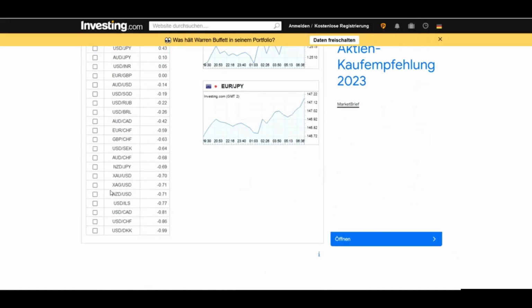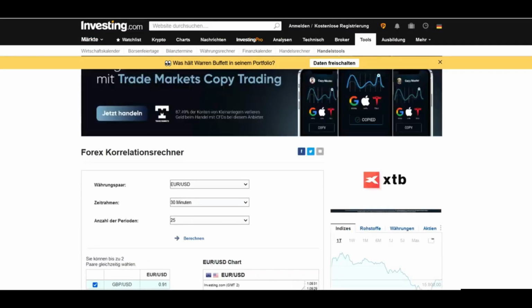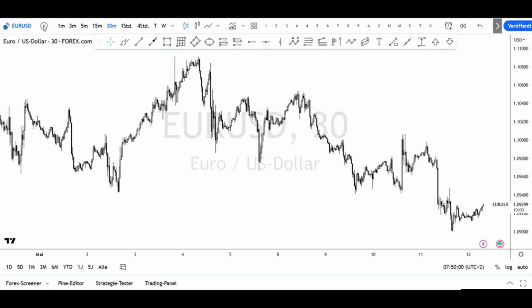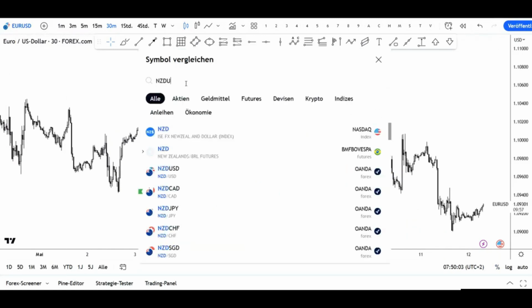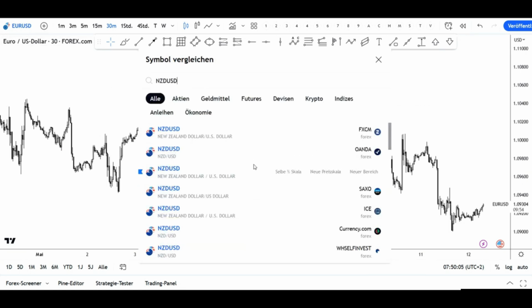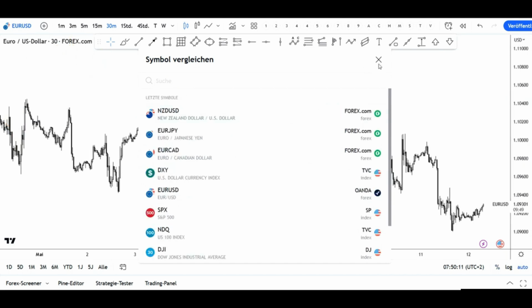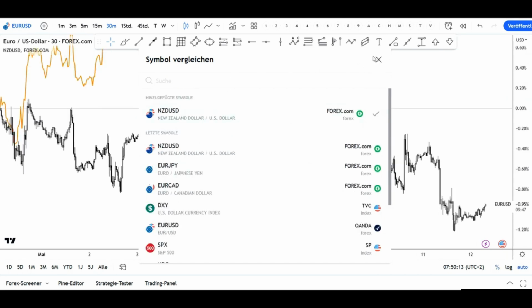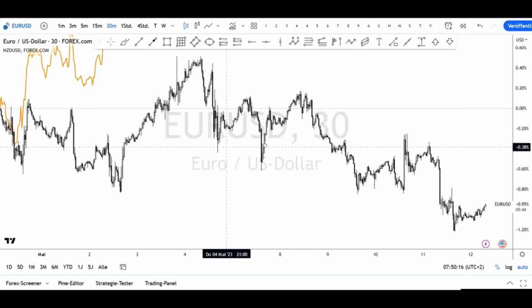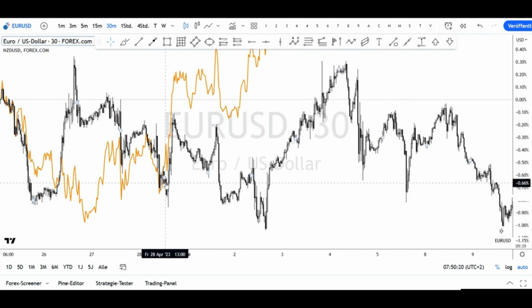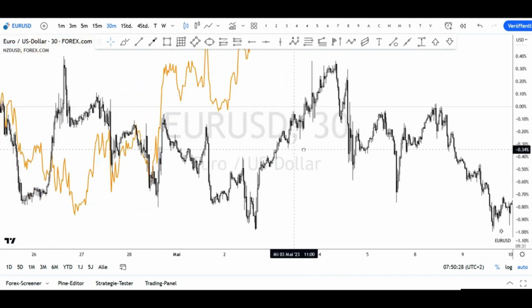Or what would that be, for example? Let's take the NZD USD, which is negatively correlated here. We're taking the NZD USD here, and as you can clearly see, once again in this instance, the euro is currently being shorted against the dollar. This one's going short, and the NZD USD is going long here.